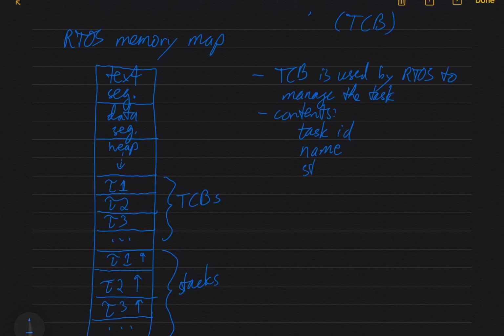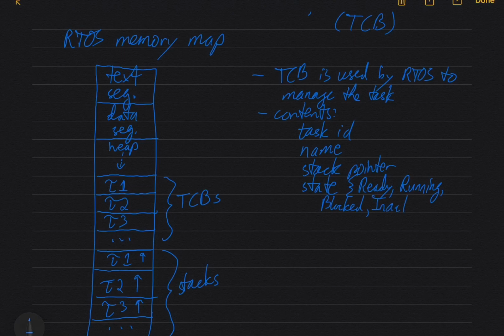Its stack pointer is something that needs to be recorded. So most information about the execution context for a task is stored on its stack, except for the stack pointer, which needs to be stored elsewhere, and that's stored in the TCB. Its state, and we have seen the ready state and we've seen the running state, and I've talked about tasks being blocked, and there's two more.